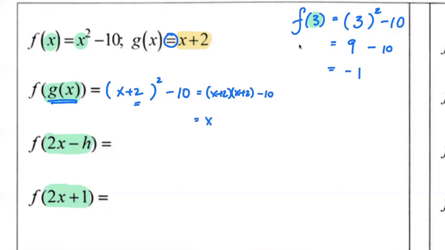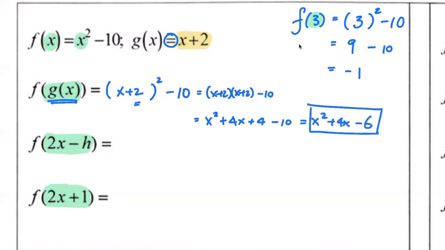So if you do your foiling correctly, you should have this, and then minus 10. And so we have x squared plus 4x minus 6. This is your final answer. Okay, this is your final answer.